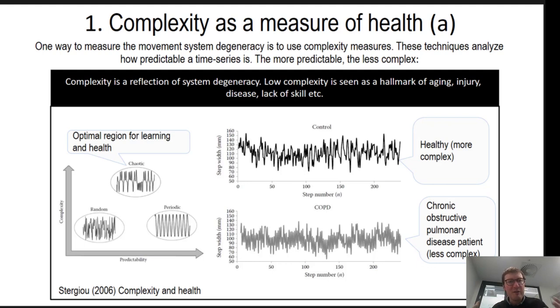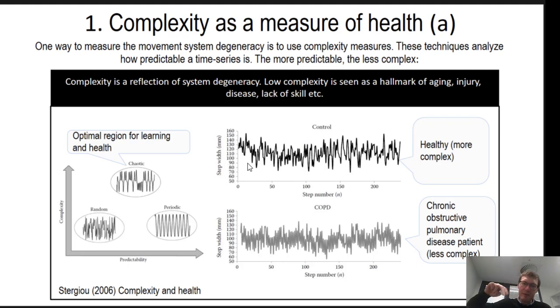I want you to think about these measures or techniques as a toolbox of complexity measures, okay? The example I want to give here is, imagine you've got a time series at the top here. We have a series of steps.